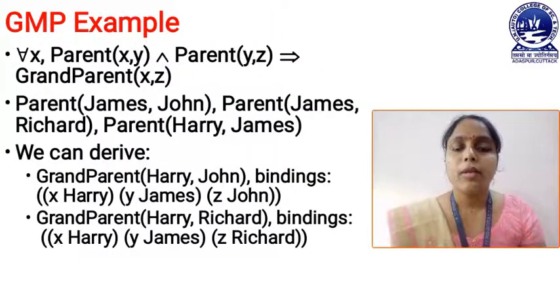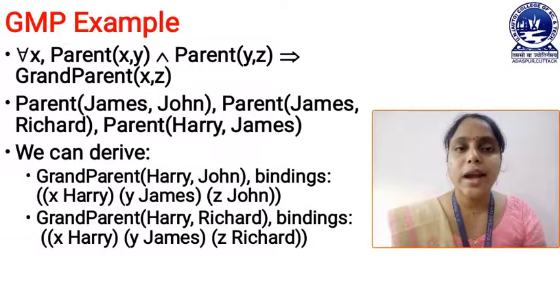Now take one example of this generalized modus ponens. Here in this example, for all x, Parent(x,y) and Parent(y,z) implies Grandparent(x,z). That means Parent(x,y) means y is the parent of x and Parent(y,z) means z is the parent of y, which implies Grandparent(x,z).